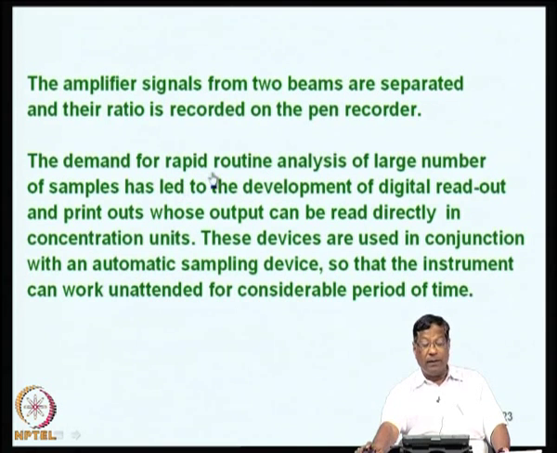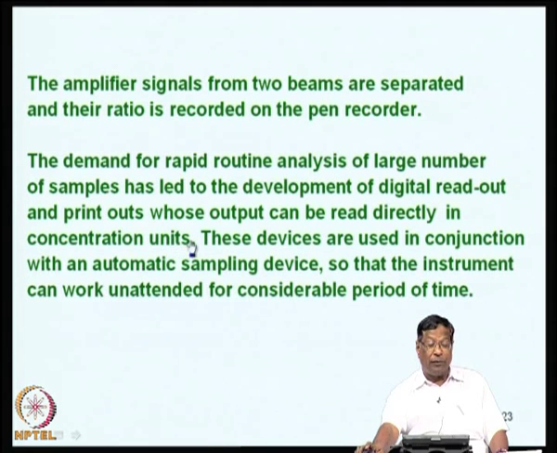The demand for rapid routine analysis of a large number of samples has led to the requirement of digital readout and digital printouts, whose output can be read directly in concentration units, because quite often the operator of an atomic absorption spectrometer would be different from the actual scientist.